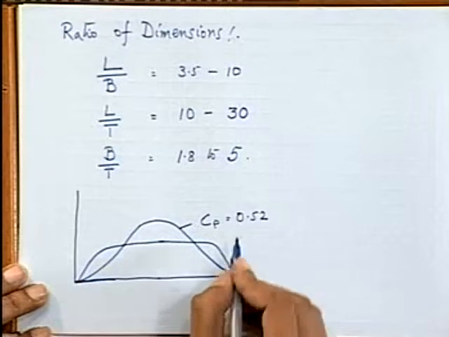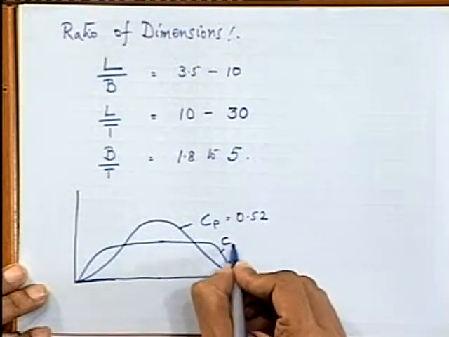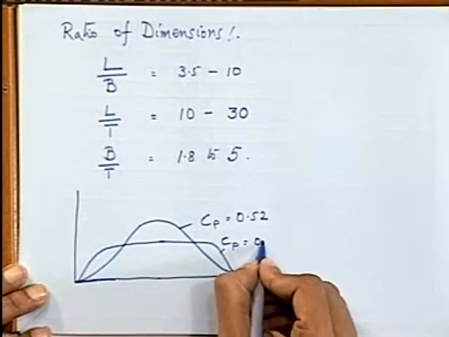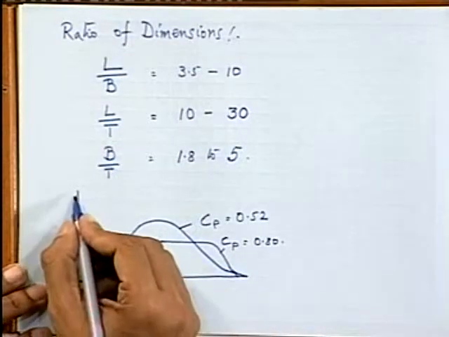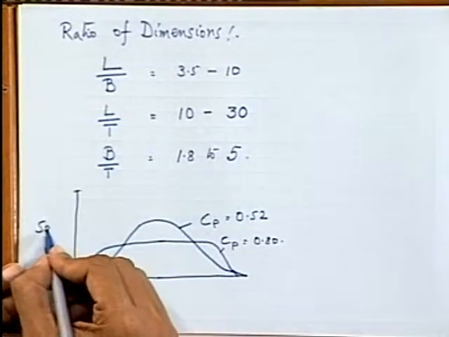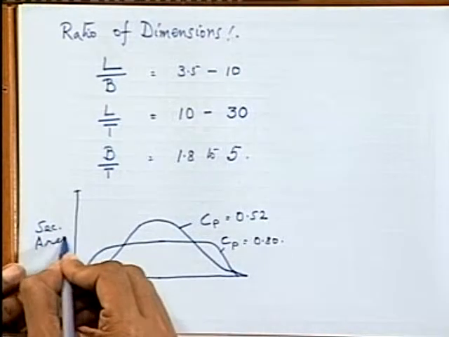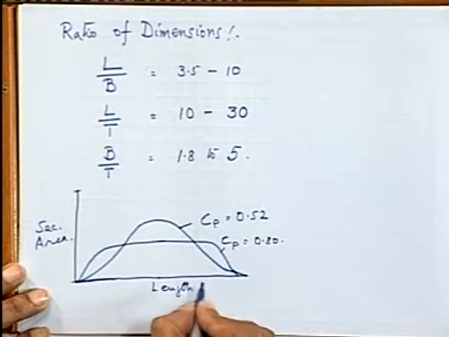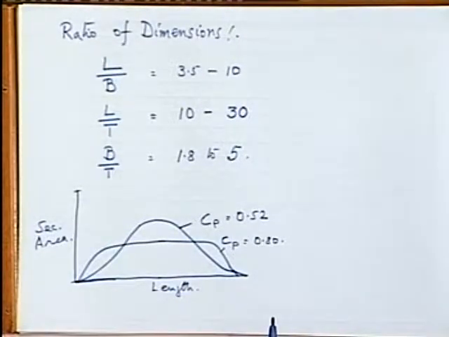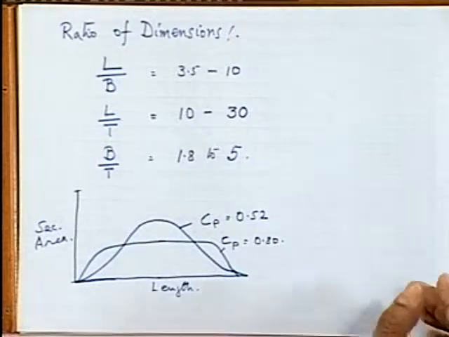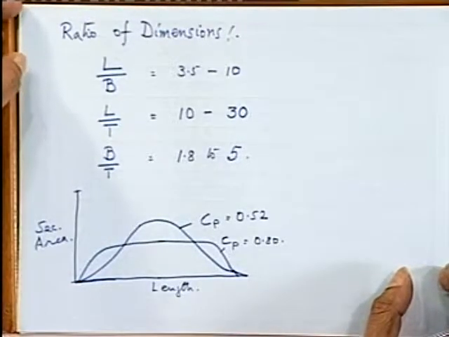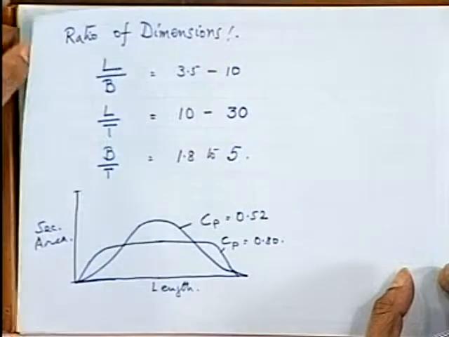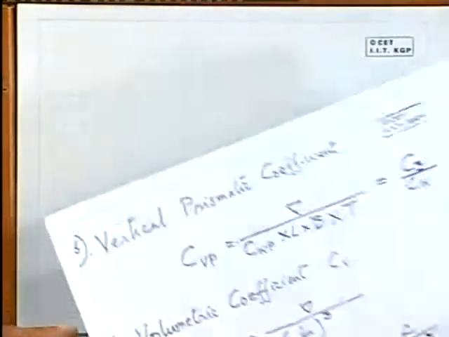This Cp value is around 0.80. This is sectional area and length. So an experienced naval architect can at a glance tell you what is the type of ship by just looking at the hull form and sectional area.